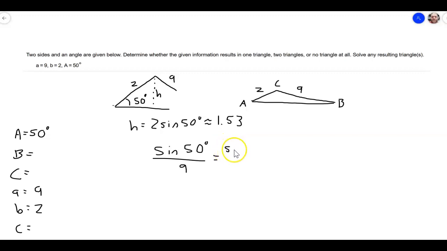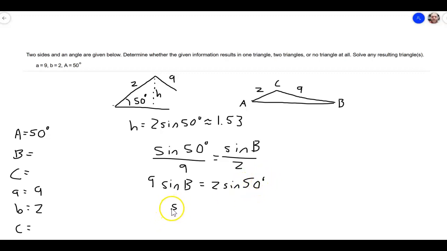So the sine of B over the opposite side length, which is 2. All right, so let's do this. This is just cross multiplication: 9 times the sine of B is equal to 2 times the sine of 50 degrees.